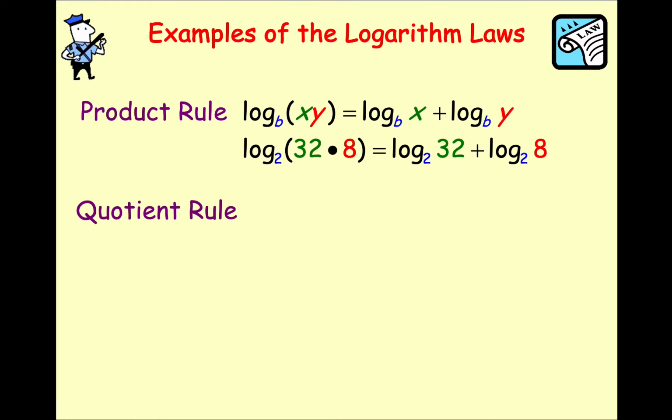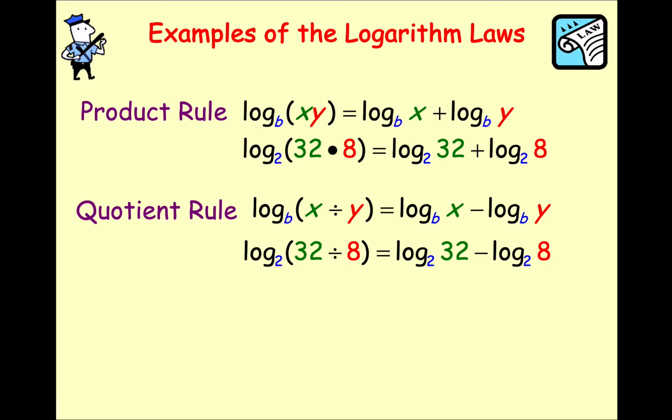Similarly, the quotient rule. Remember, log b of x divided by y is equal to log b x minus log b y. So if we want to work out log base 2 of 32 divided by 8, it is the same as log base 2 of 32 minus log base 2 of 8.